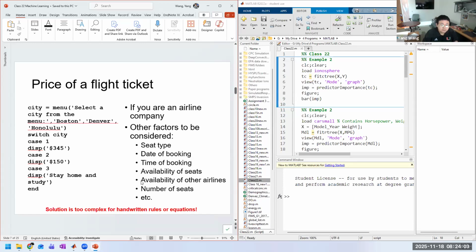So if you are traveling to Boston and at the same time there are 10 more airlines operating on this route, then the price cannot be really high. Otherwise, you cannot sell your ticket, right?